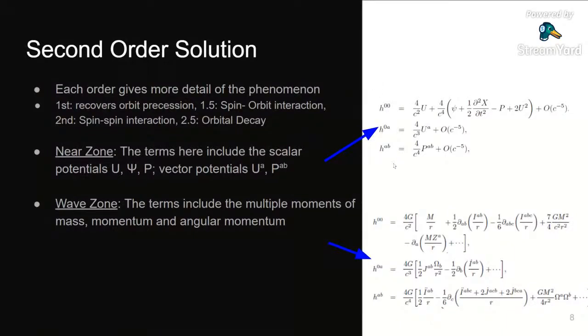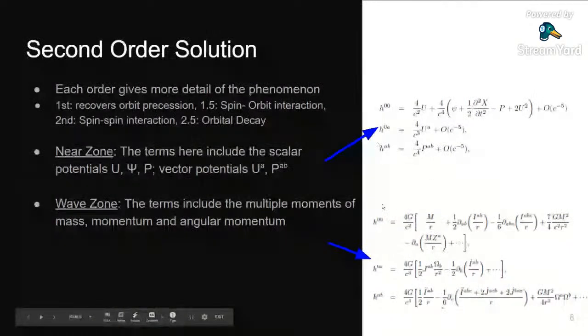These spatial terms, the one over here and the one over here, are the ones we are going to actually use, because we observe these gravitational waves as changes in the length of a system. And when we want to measure changes in the length of a system, we want only the spatial terms of the potential. Hence we are only concerned about this h_ab, the h_ab of the near zone and the h_ab of the far zone.